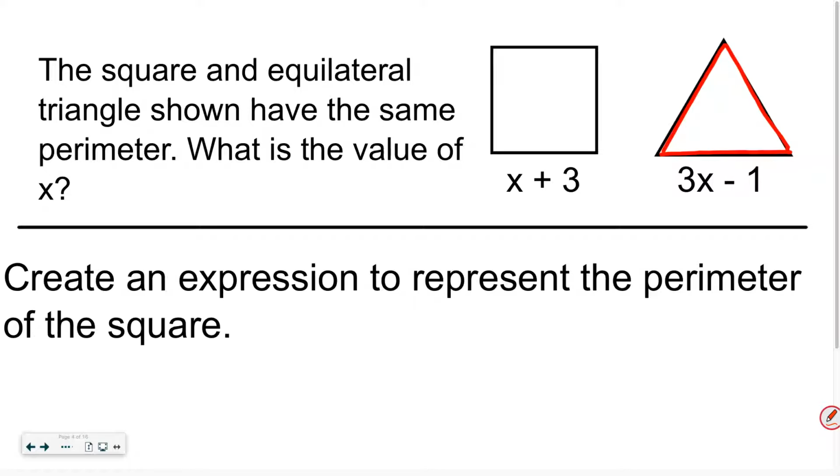Can you write an expression that represents the perimeter of the square? Last week we actually spent some time on this. How do you represent the perimeter of a square, or of that square specifically?